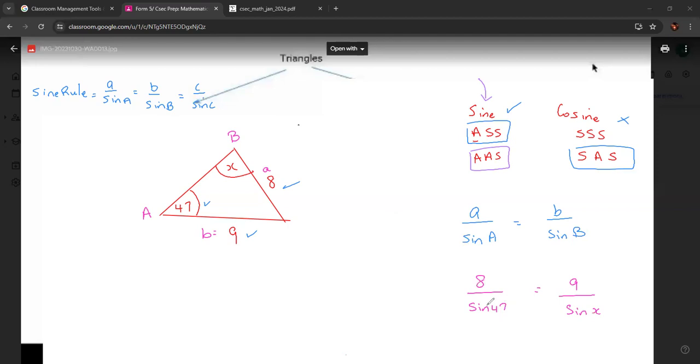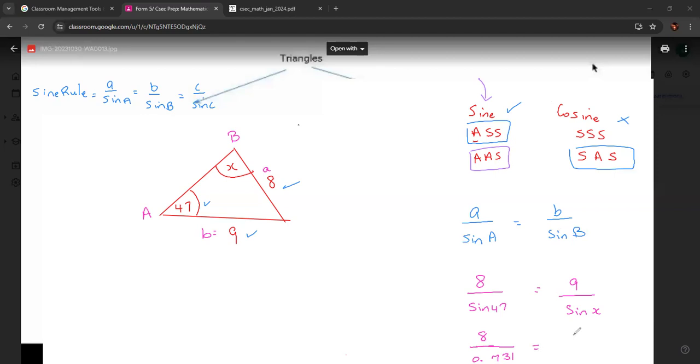So I can use my calculator, find out what is sine of 47. So sine of 47, remember you're working with me. And I got 0.73135, etc. I just rounded it off to 3 decimal places.